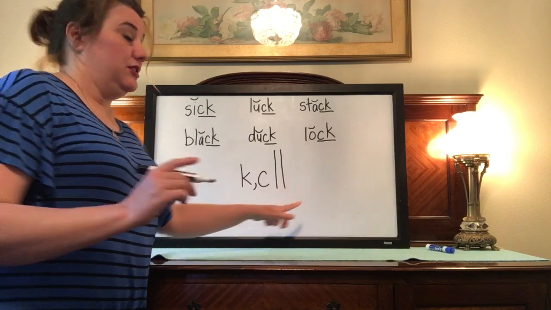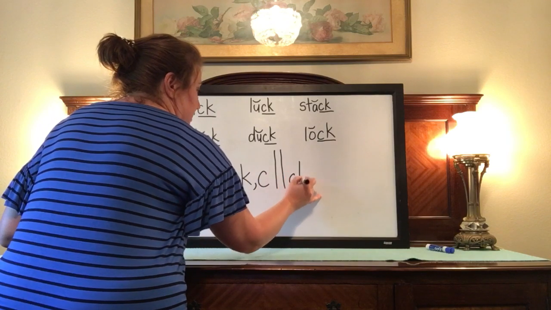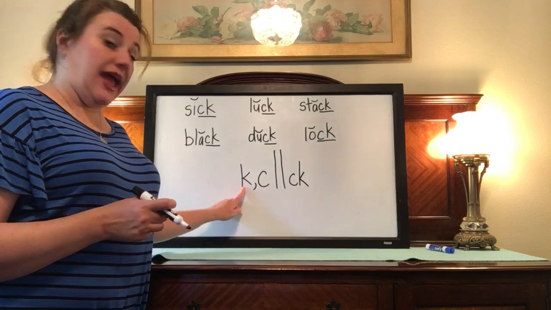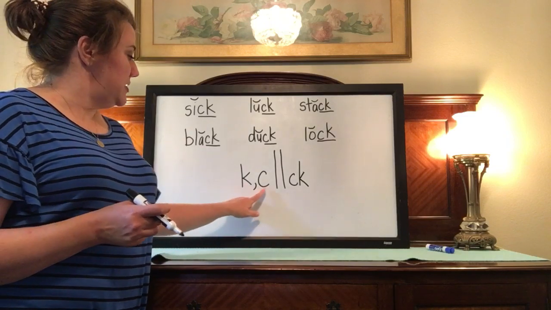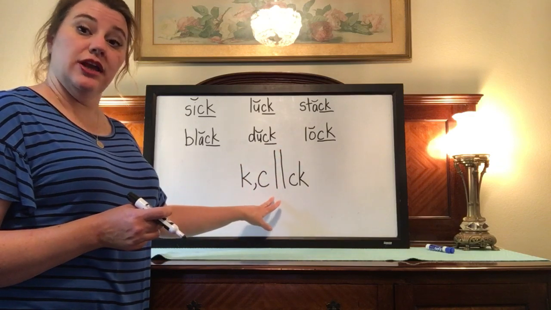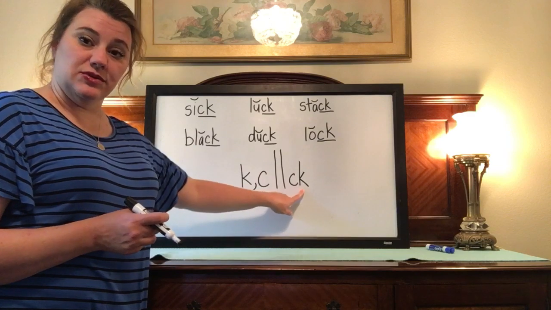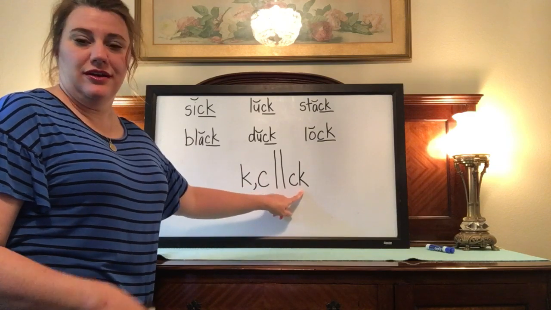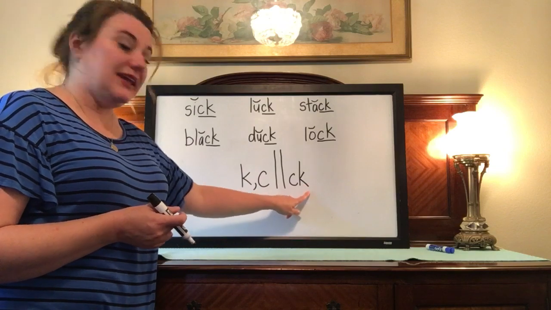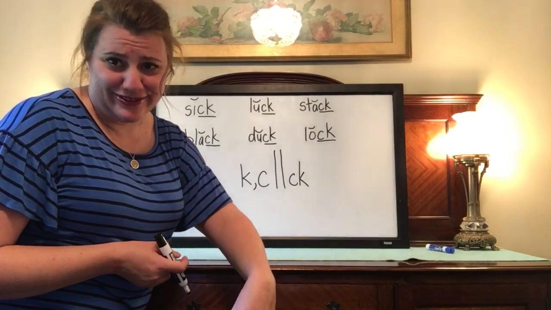So there, you're just going to write C, K. So you're going to write K, comma, C, two very long vertical lines, and then final digraph, C, K. Final stable syllable, that's for first grade.